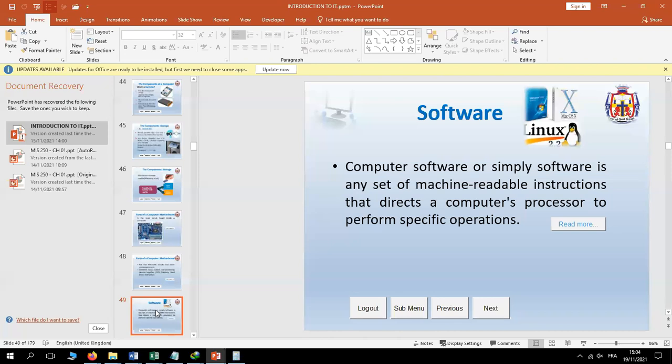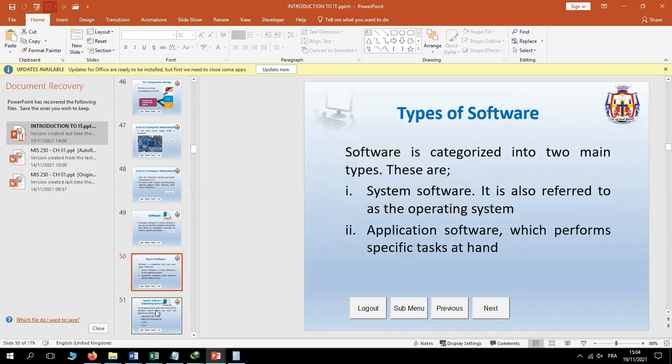That is software. Okay, then moving on, gentlemen and ladies, now that we have talked about software, we can categorize our software into two. That's what we call system software, or we can call it the operating system. Okay, what have I said, ladies and gentlemen?